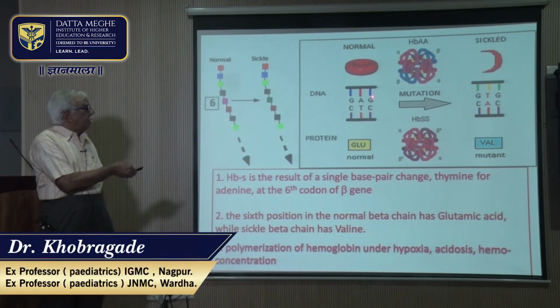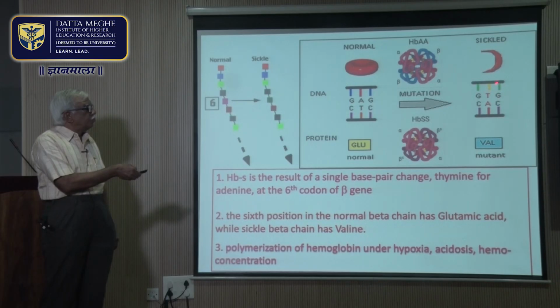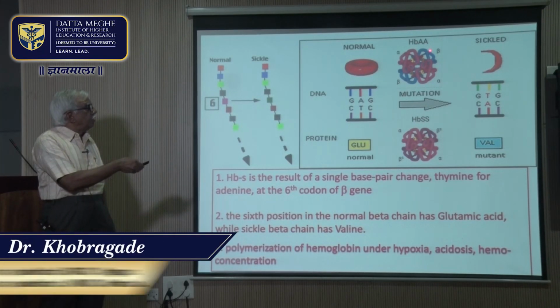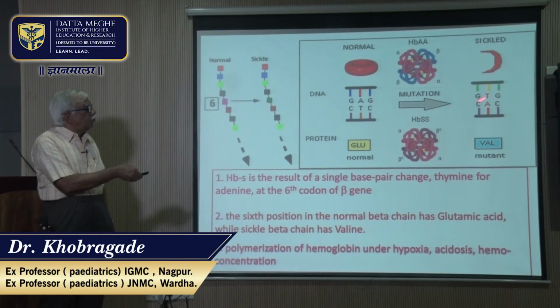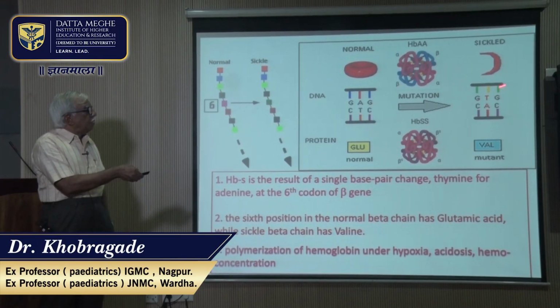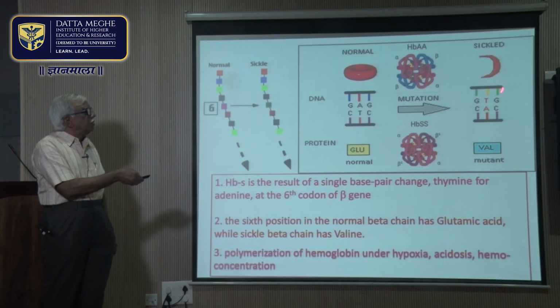Instead of adenine, there is a thymine. So, this replacement gives rise to mutation, and so you get a sickle hemoglobin. Normally, you find that there is adenine and thymine, guanine and cytosine. Now, here this is a normal one, and in a patient of sickle cell, you find that the adenine is replaced by thymine.